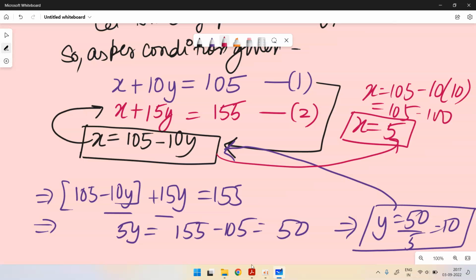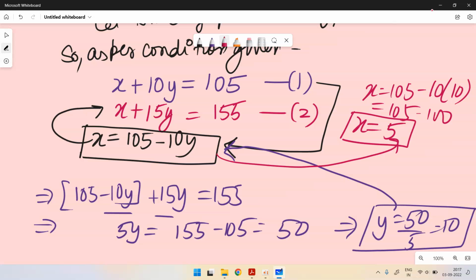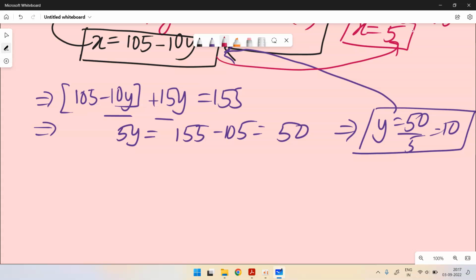Now in the other part, you also have to find what a person has to pay if he is traveling 25 kilometers. The total cost is the fixed charge plus the variable charge.